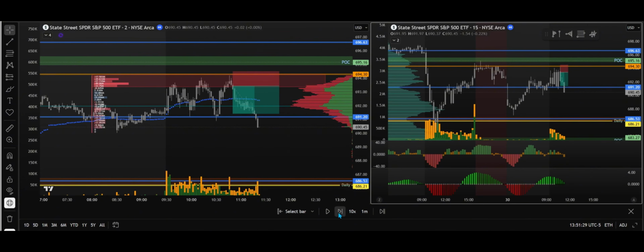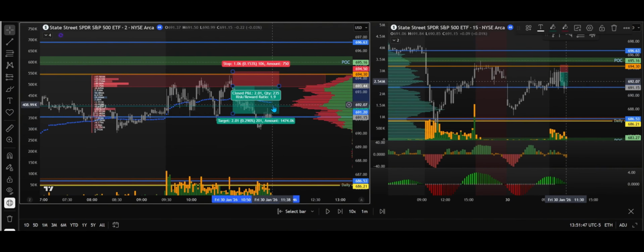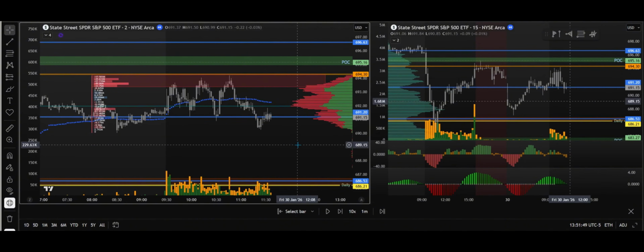Price pushes down through it. Buyers do try to come up. They test that. They end up breaking it. Now, what would I be looking for here if I'm saying, okay, maybe this is going to reverse? Like, let's say I haven't gotten into a position yet, or maybe I'm looking for a second trade.